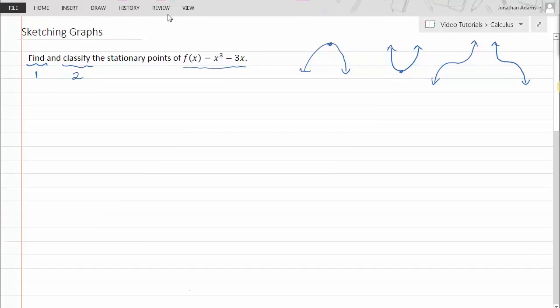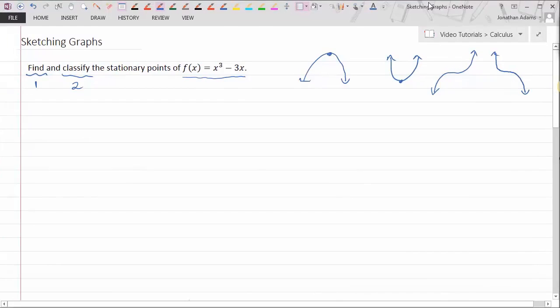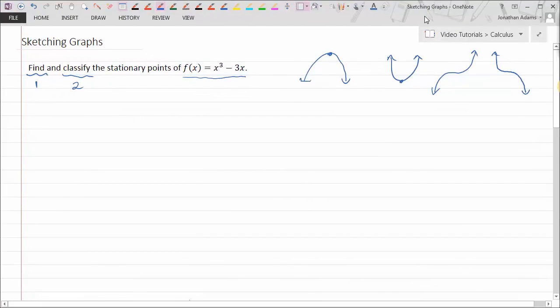So to do each of these parts, we're going to need to apply our knowledge of derivatives.